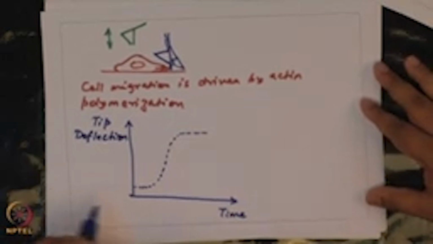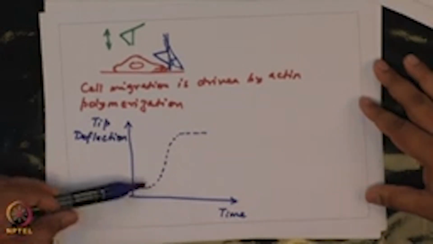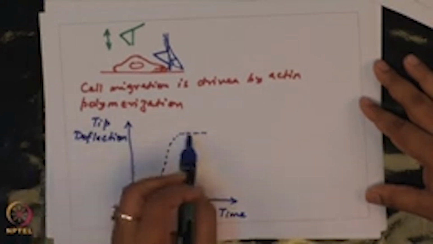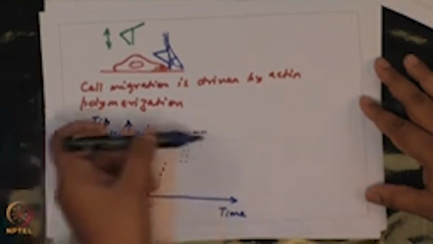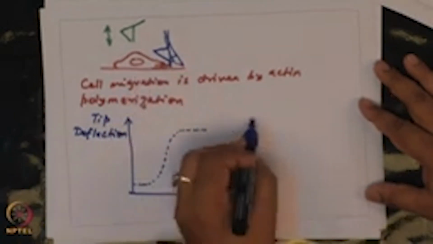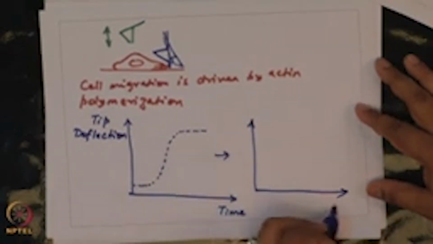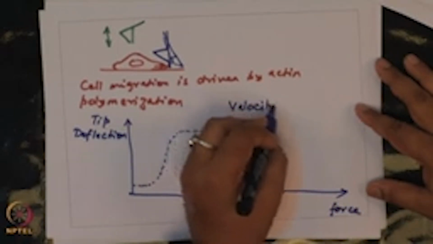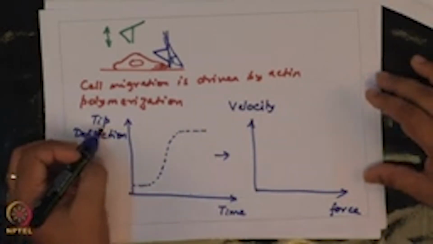Okay. So, what you see is as time goes on, the cell keeps pushing and pushing, which leads to an increase of the deflection, and once a certain force is reached, the cell cannot push the tip anymore. As a consequence, the tip deflection plateaus, which means the cell stops pushing. Okay. So, from here you can convert this curve into force versus velocity. Velocity is nothing but the slope of this curve and force is k times d.